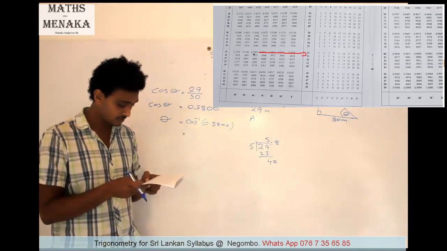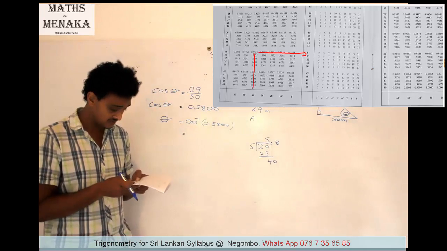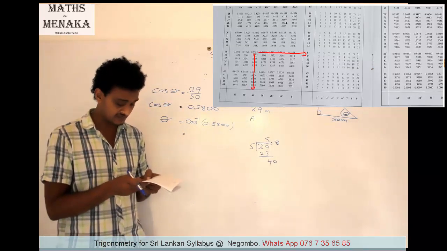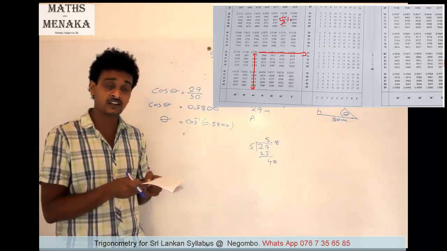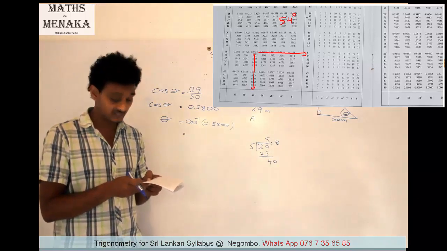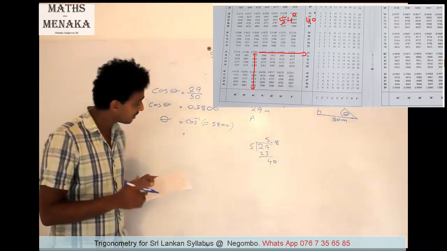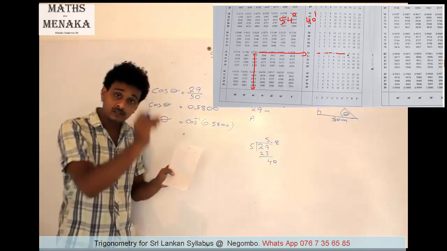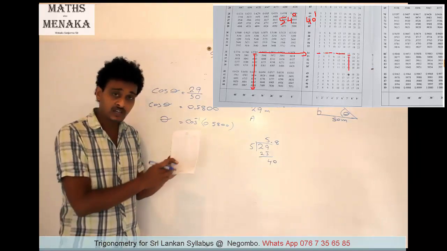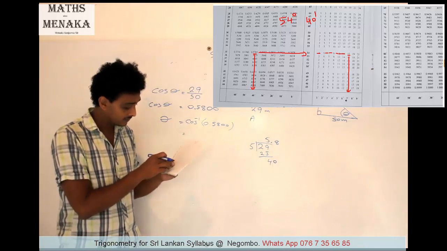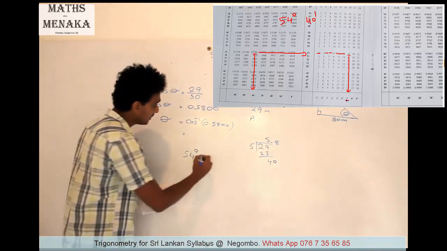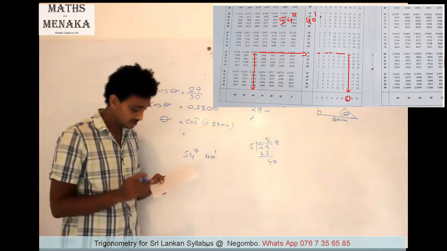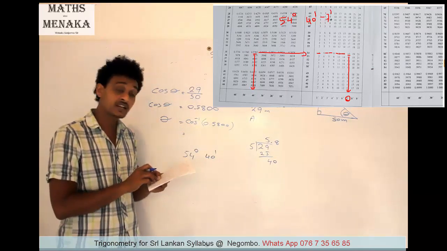You have 0.5807 and 0.5783. You have to go to 0.5783. What's the angle? 45 degrees. And the minutes you have to get from the bottom bar is 40 minutes. So you need 17 more.